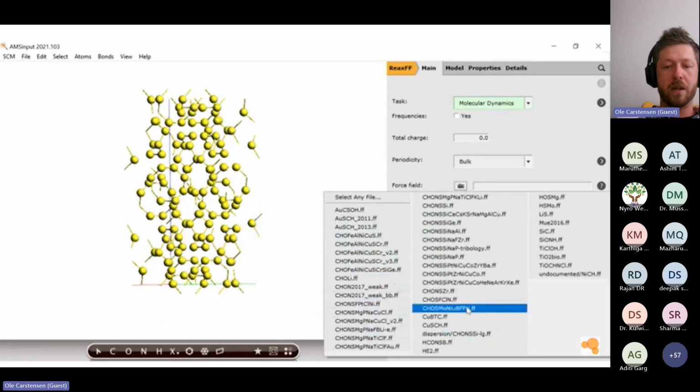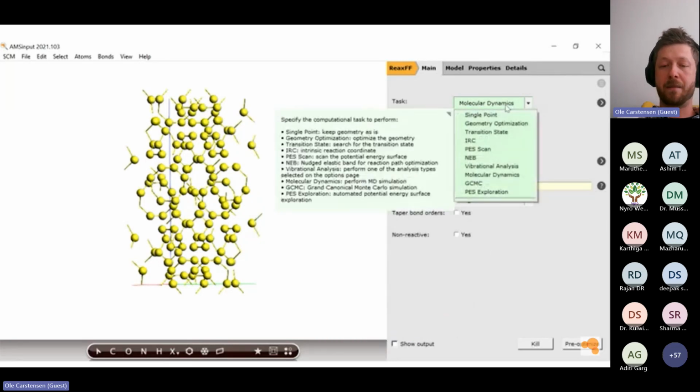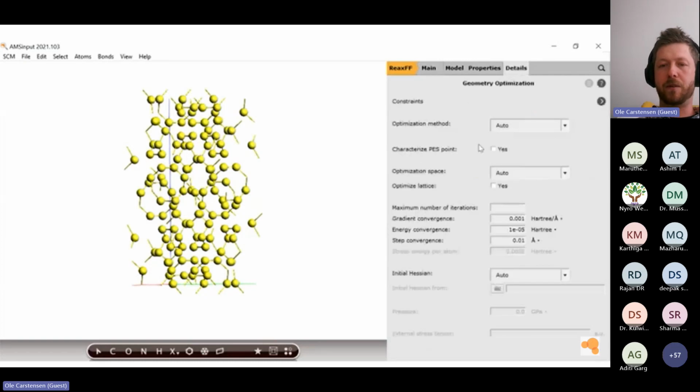Here I'm choosing which force field parameters to use for the reactive molecular dynamics. This is easy because it's a reproduction of a paper, so I use the same force field they used, but there is also video content on how to choose parameters.